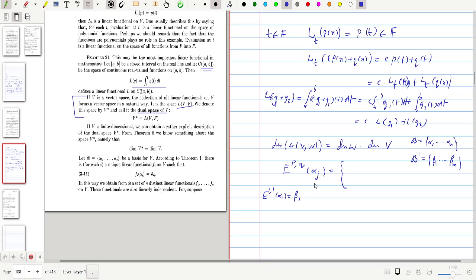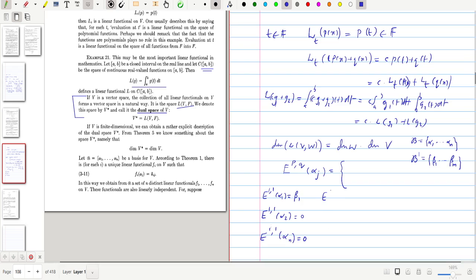That can be seen by choosing these basis vectors. E11 of alpha 1 is equal to beta 1. Similarly, E11 of alpha 2 is equal to 0, and so on; E11 of alpha n is equal to 0.